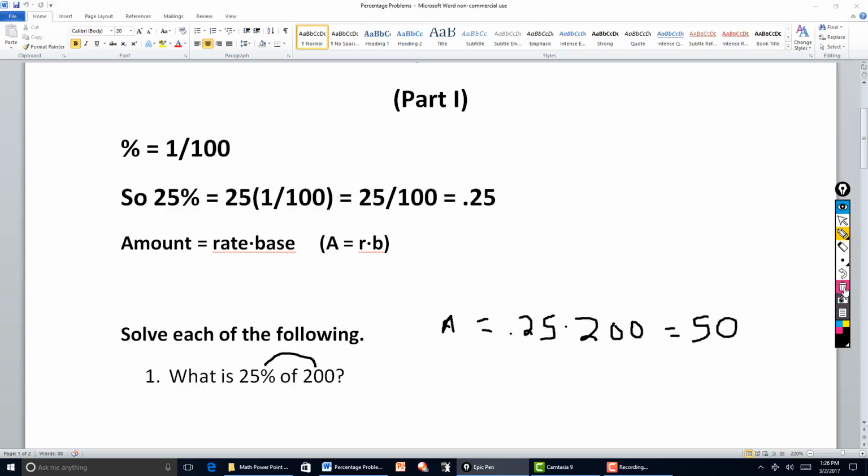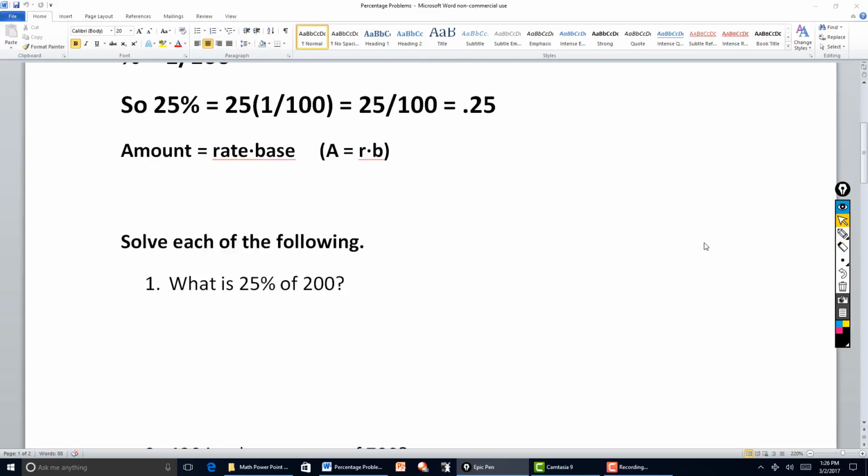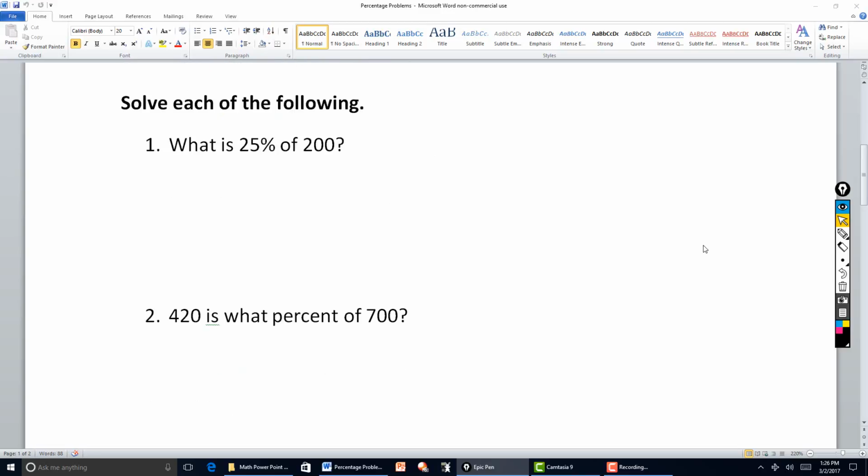Okay, let's go to the next one. 420 is what percent of 700? So again, I'm going to write this as an equation. 420 is, that would be your equals.